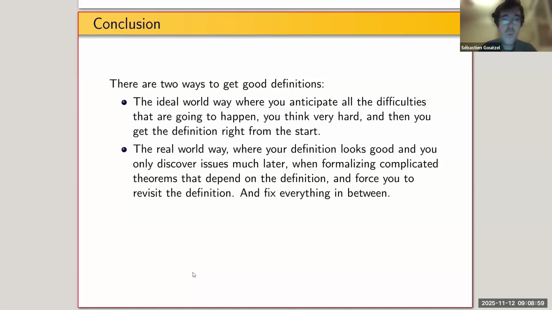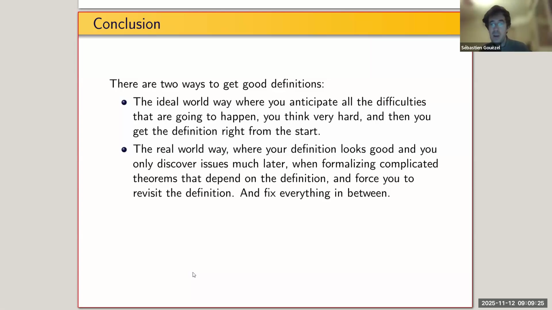My conclusion is that there are two ways to get good definitions when you formalize things. The first, ideal way is you see what is going to go wrong from the start. You think you are very clever, you think a lot, you anticipate all the difficulties, and then you get the definition right from the start. That's the ideal world. And then there's the real world.